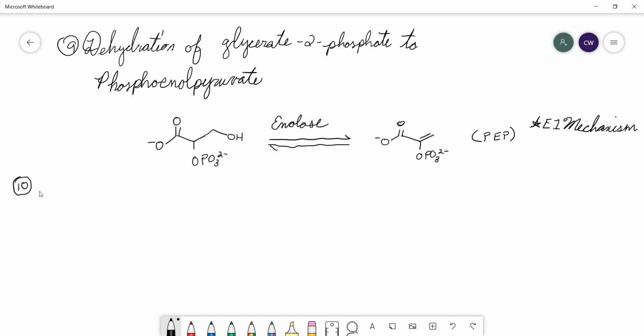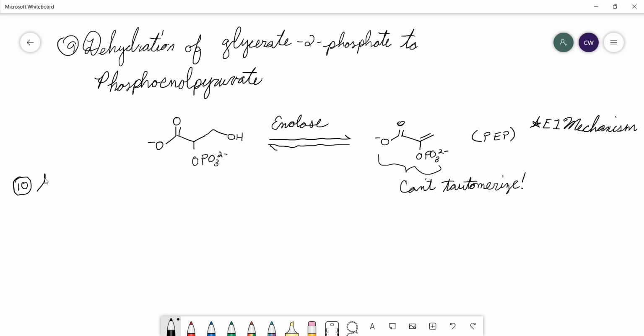But again, notice that we have this phosphate group here, so this can't be tautomerized. It's locked in this form. Our bodies are more intelligent than we give them credit for.